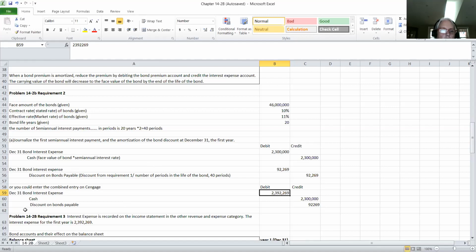And in Cengage, they wanted you to use the combination entry. But I think it's easier if you do two separate entries, and you would get the same amount by the time you posted to your ledger account. But this is what they wanted you to put in Cengage, so that's what you've got to do in order to get your Cengage problem correct.